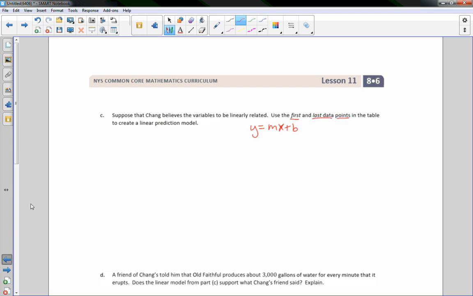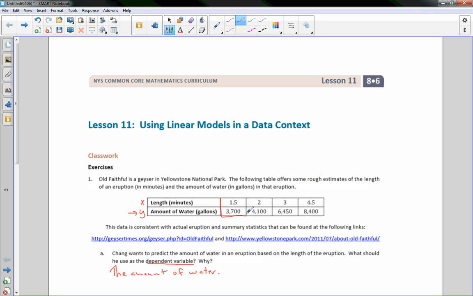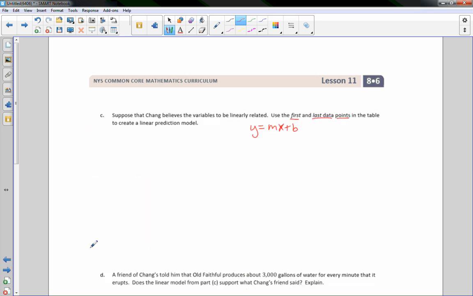So if it says to use the first and last data points, if I go back, my first data point is 1.5, 3,700. I don't like to use commas for the thousands because it gets confusing, so 1.5, 3700. That is my first point.